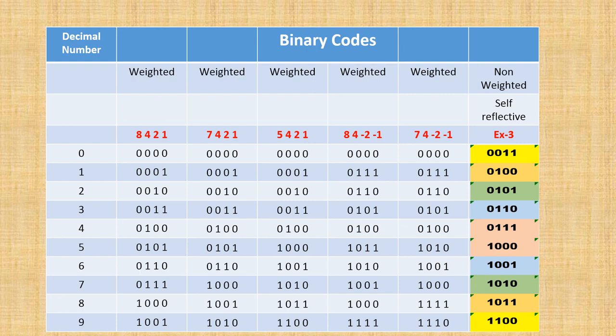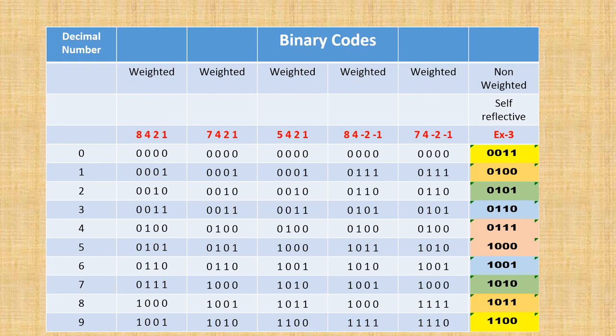These are 0011 and 1100, meaning zeros and ones are complementing each other. Now see the light orange bands, 0100 and 1011. So 1 and 8 are complementing each other.